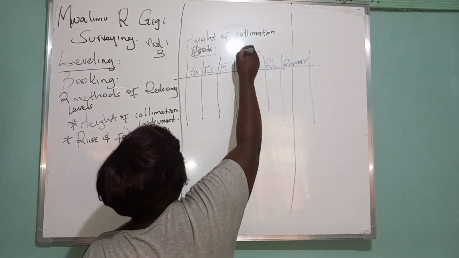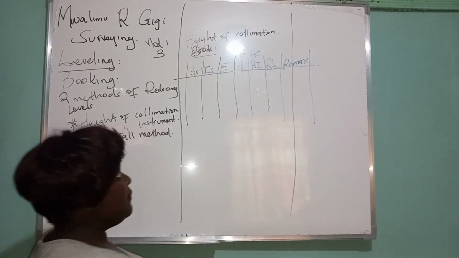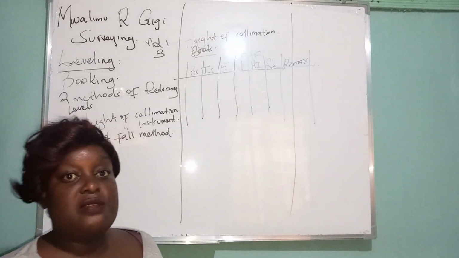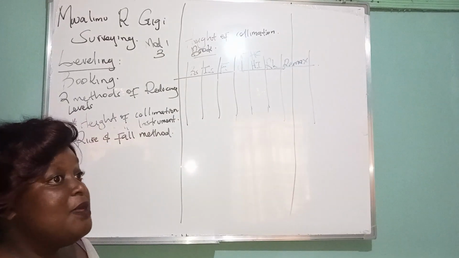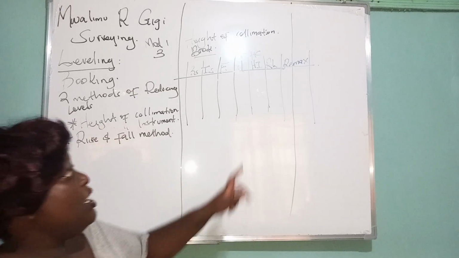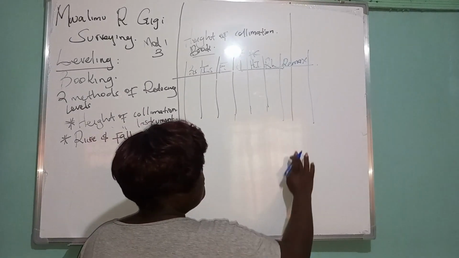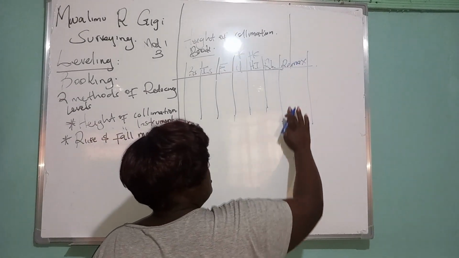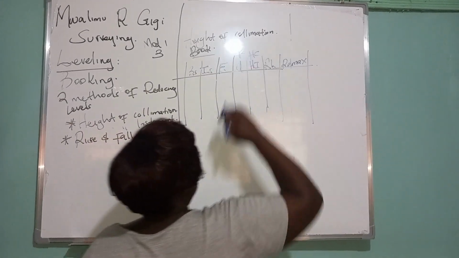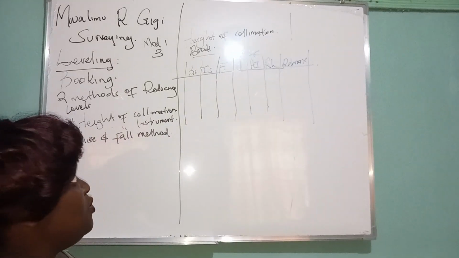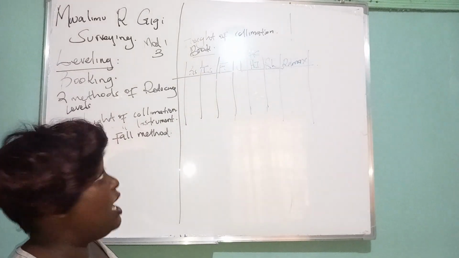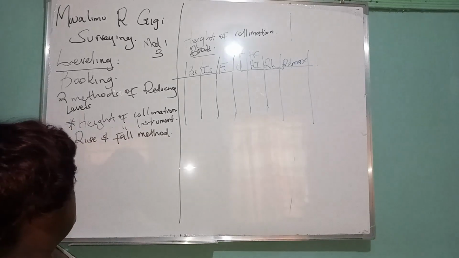The distance is optional. Sometimes you can go to a question and find that the distance is not there. If the distance is there, you can include it. This is the booking sheet for the height of collimation method.